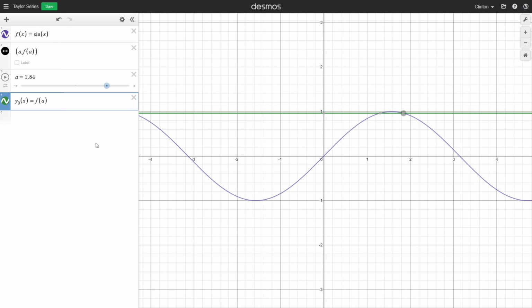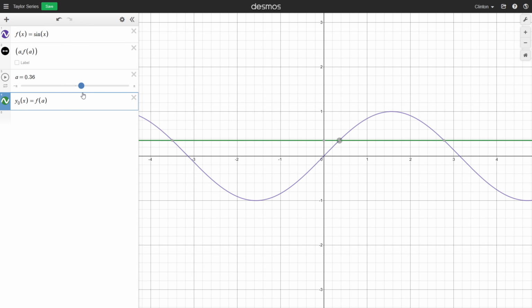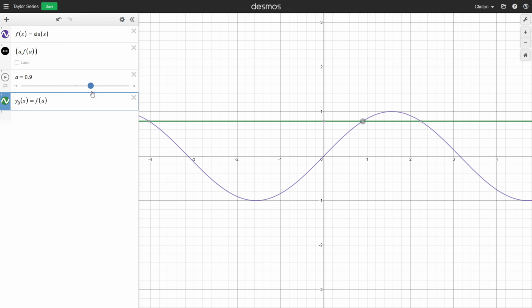So a 0th degree approximation of a curve would just be a horizontal line, because this line matches the y value at that point. So sine of a and y0 of a, they agree. But you can see that the slope doesn't agree.